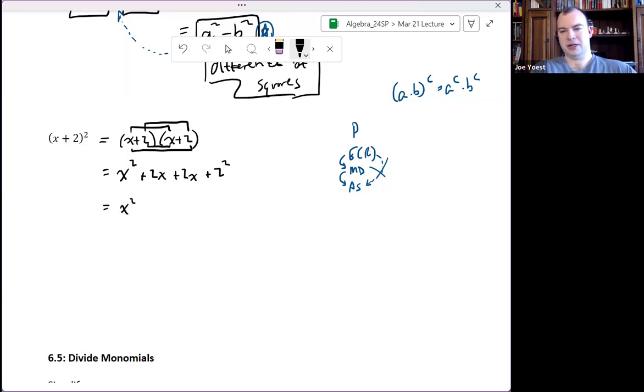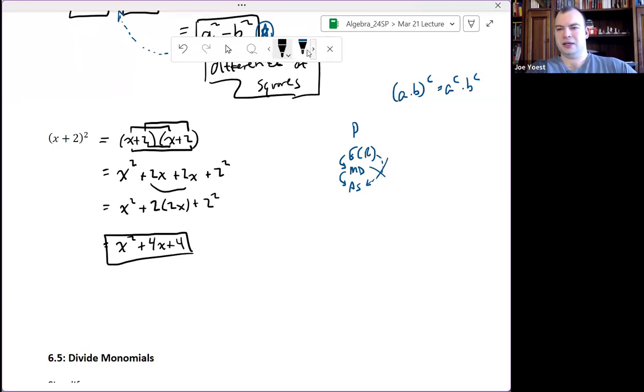So I end up with x squared plus 2x plus 2x plus 2 squared. And this seems like a bit of a goofy way to write it. If we wanted to simplify, if that was our real end goal here, we would go one step more. And we would get this as our simplest form.